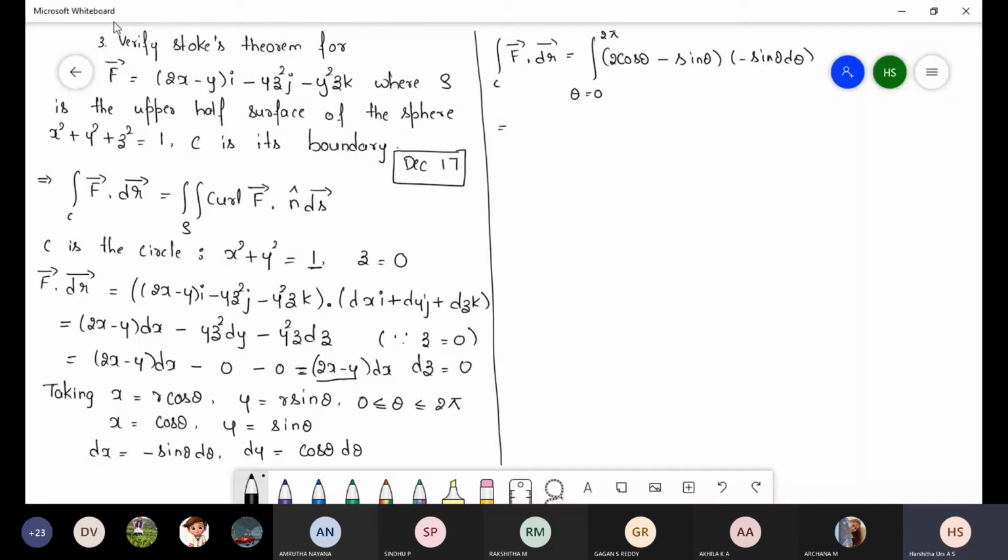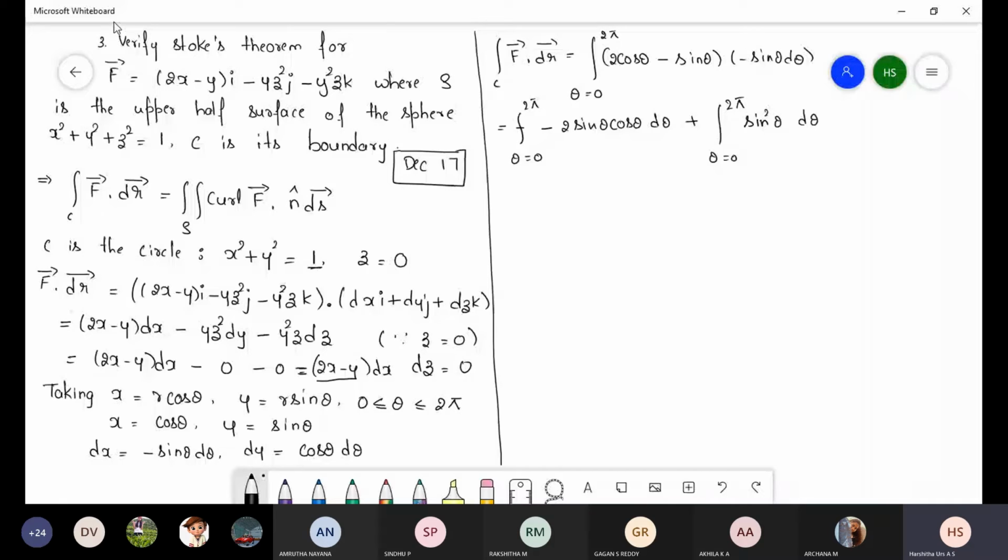So I write minus outside, or else you can multiply individually. Integral from 0 to 2 pi of minus 2 sin theta cos theta d theta plus integral from 0 to 2 pi of sin squared theta d theta.